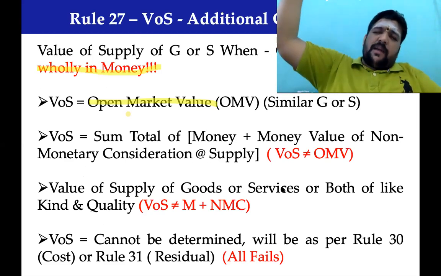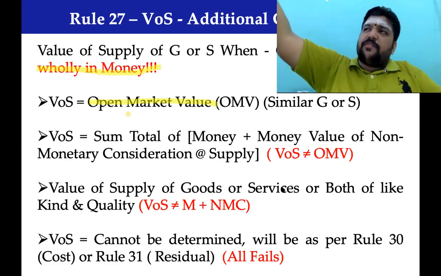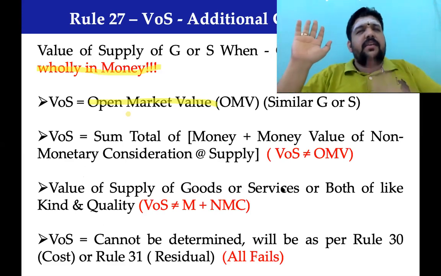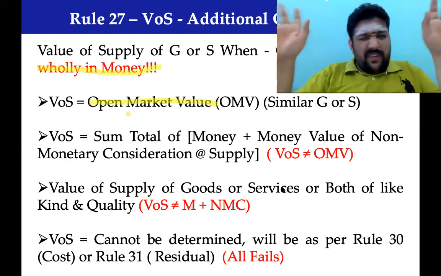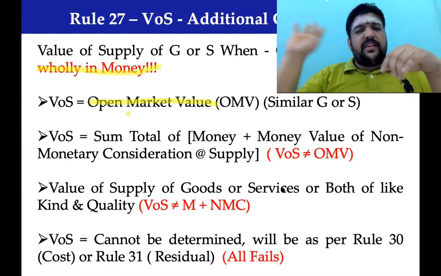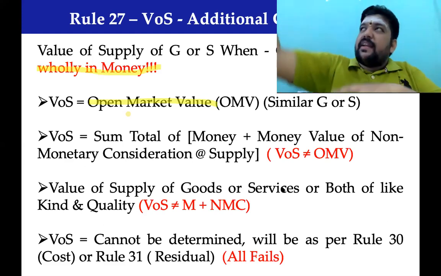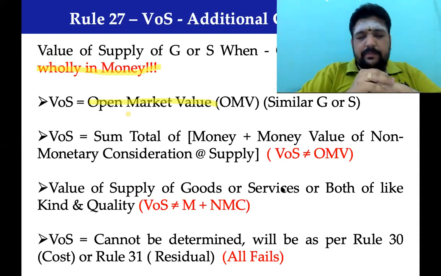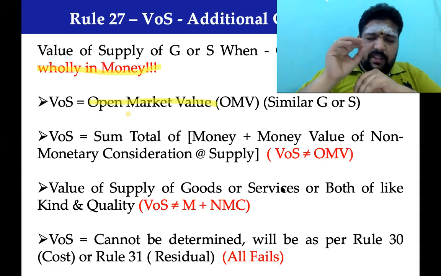Already you sold that laptop to A for 75,000, everything in money. Supplier and A not related, everything satisfied. That is why under 15.1 that is accepted as a transaction value. That 75,000 will be accepted as value of supply here. So nothing great about it.